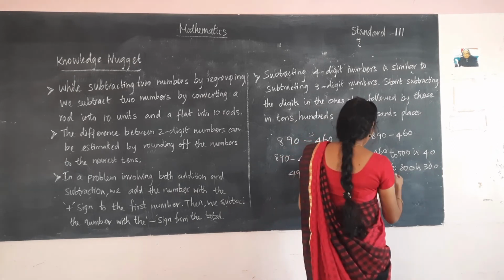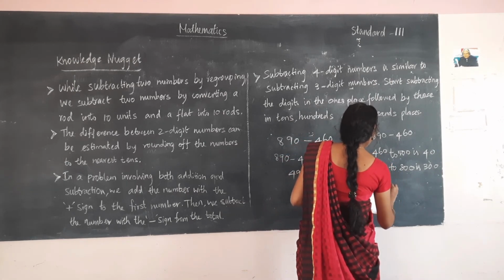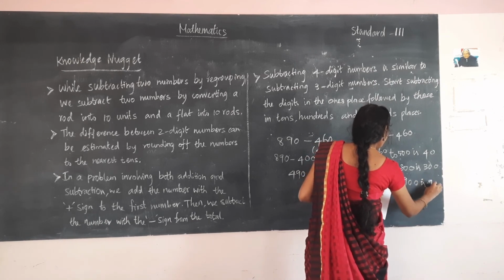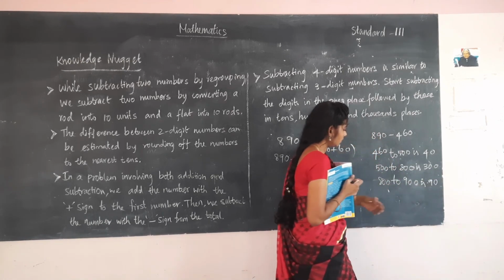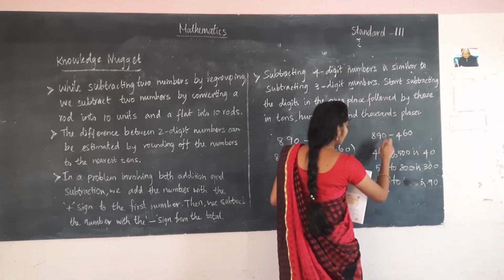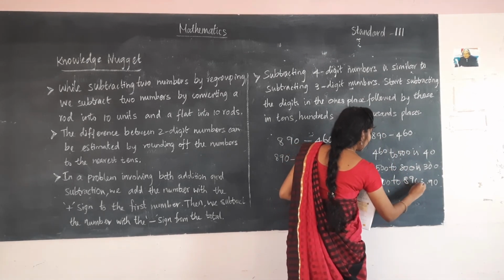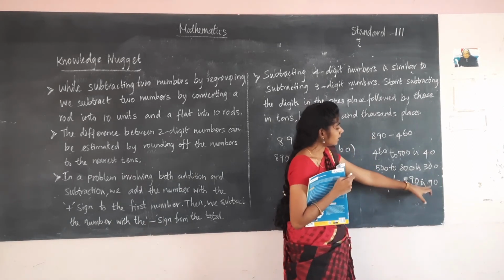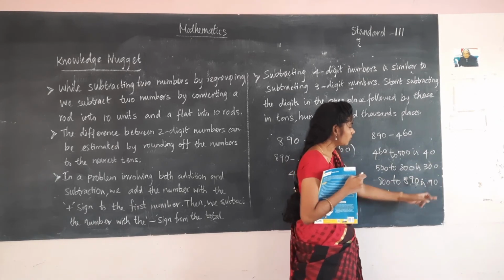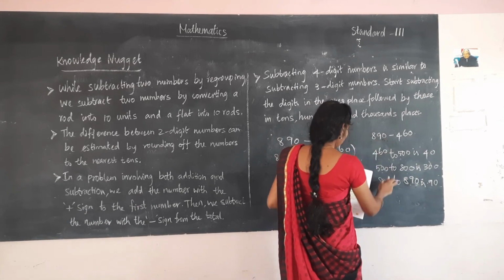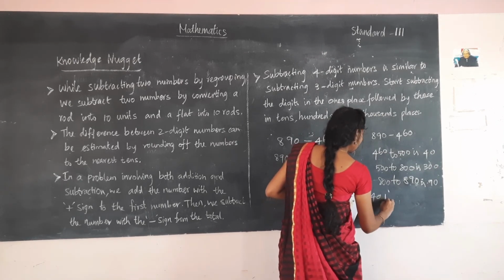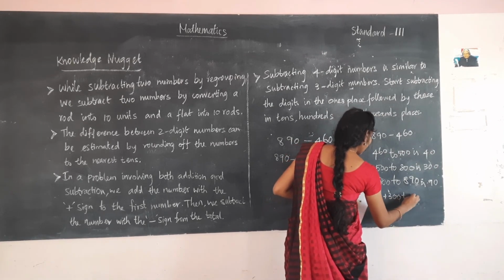The next, 800 to 890, the difference is 90. So while comparing these, the difference is 90. So what is the answer we will get? We have to add these numbers. That is 40 plus 300 plus 90.